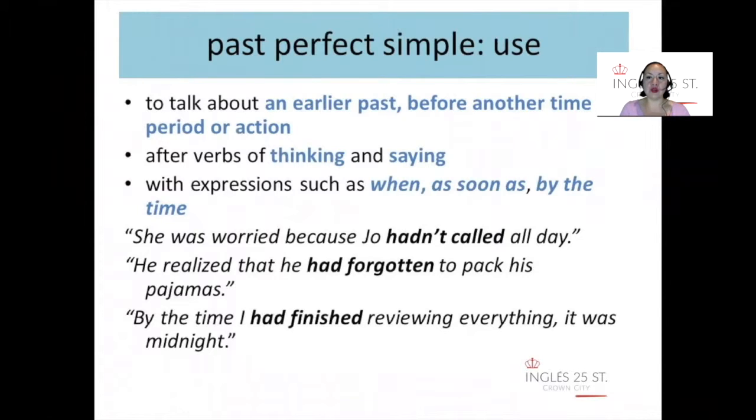The tense that we are going to put in past perfect is the one that happened first. And then the second action will be in past simple. It says, after verbs of thinking and saying, with expressions such as when, as soon as, by the time. So let's see the examples.